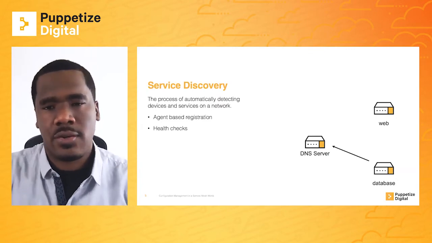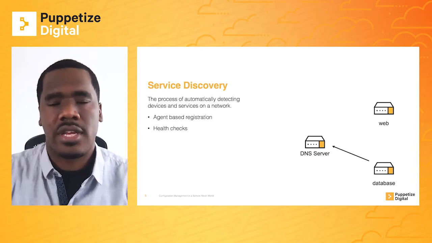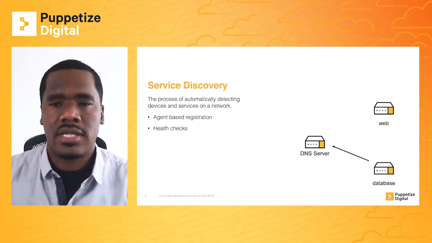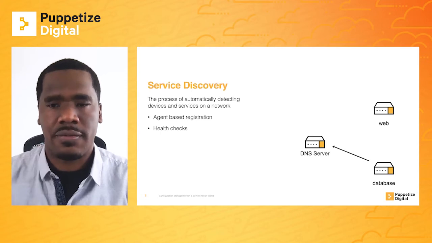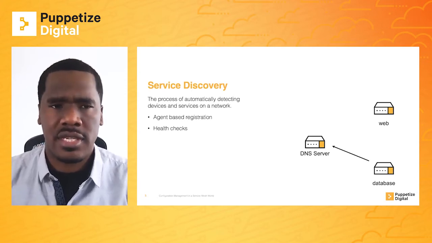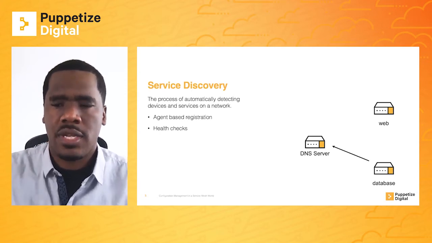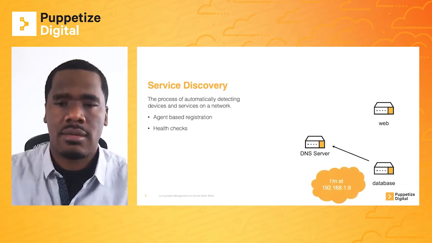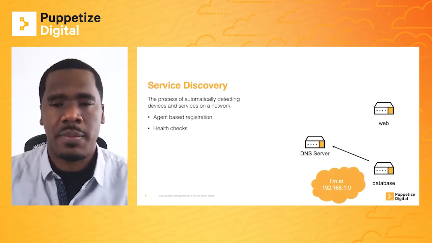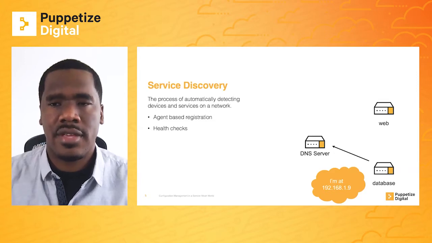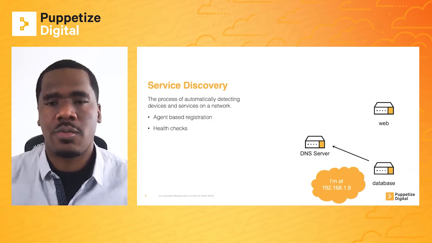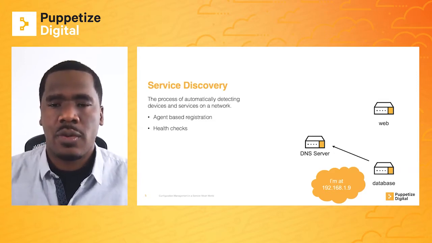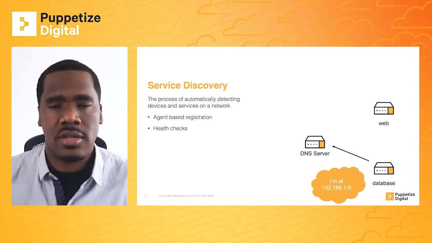It's something like HashiCorp Consul or Kuma or Linkerd. The service registers itself based upon an agent, and that's why we see agent registration. It says, hey, I'm at this particular IP address. The value of this in comparison to normal DNS is that it enables us to leverage workloads that are particularly ephemeral.